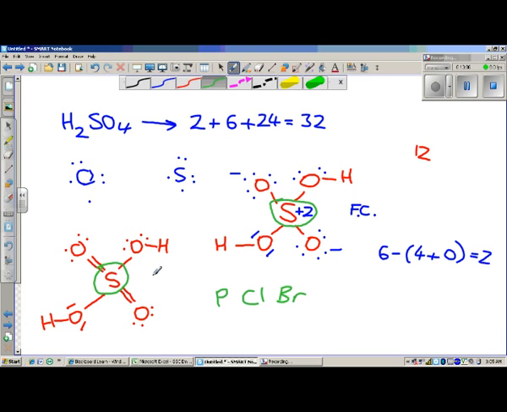In fact, sulfur can form up to, I think, 6 bonds around itself for 12 valence electrons, which is what we have going on here.